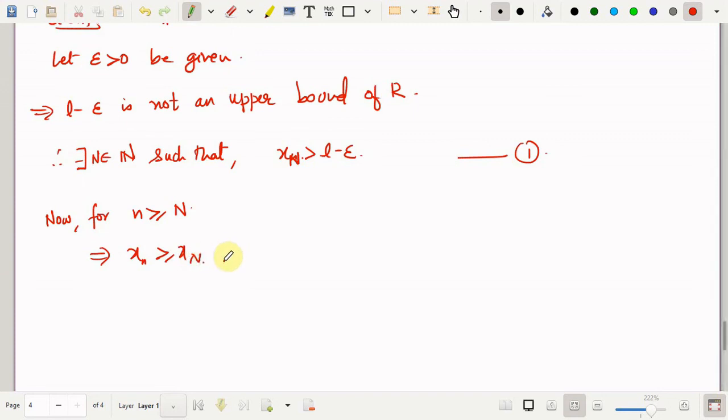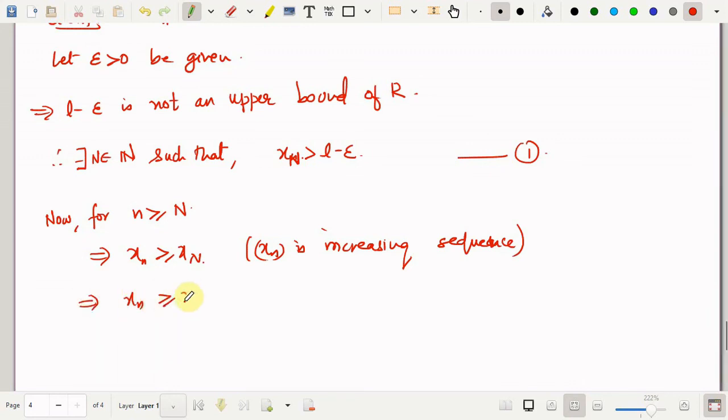Why? As xn is an increasing sequence. So therefore small xn will be greater than or equal to x capital N, which is greater than L minus epsilon. And this is true for all n greater than or equal to this capital N.